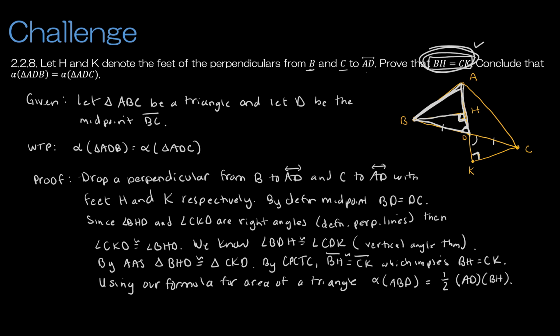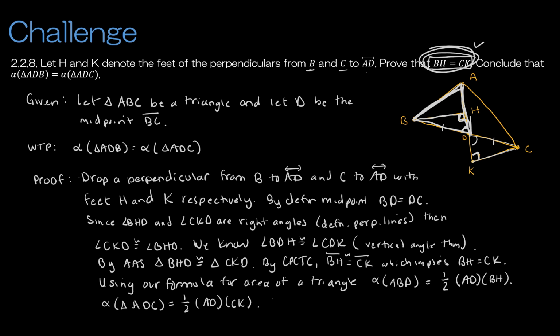Now the area of the other triangle, ADC, is equal to 1/2, again, base times height. The base would be AD, and the height, which is at a 90-degree angle, and it doesn't matter that the end of the length is here, because this is where it makes the 90-degree angle, so that's CK.